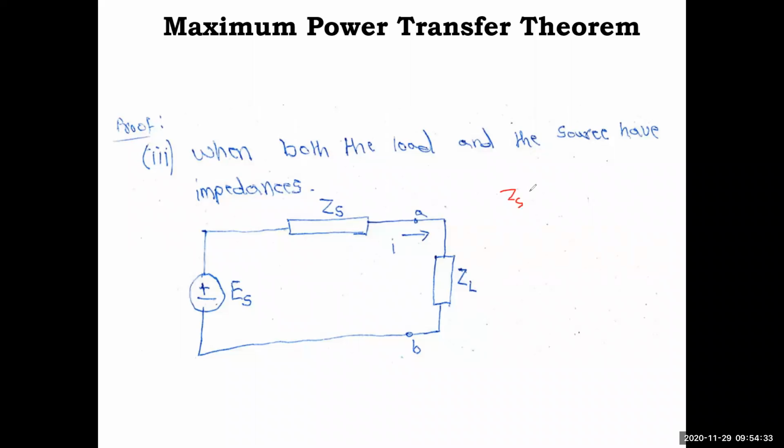ZS is considered as RS + jXS, and ZL is equal to RL + jXL. Like that we will consider, and we'll do the same way: write the equation for current, simplify that current, and then write the power equation, then take the derivative equal to 0.